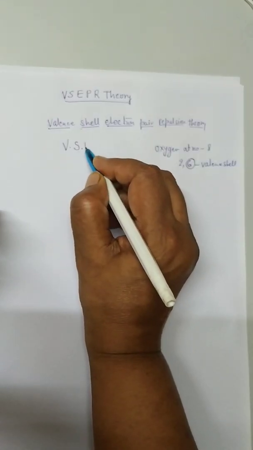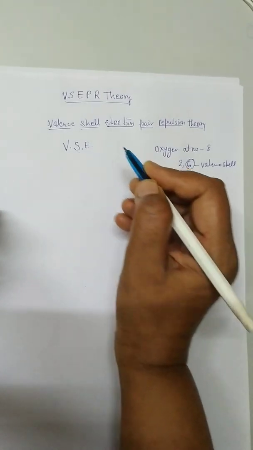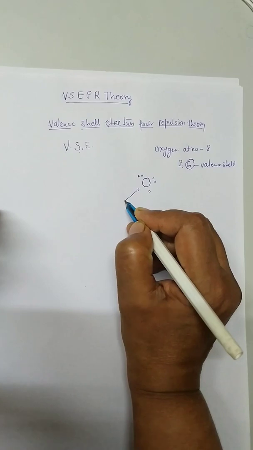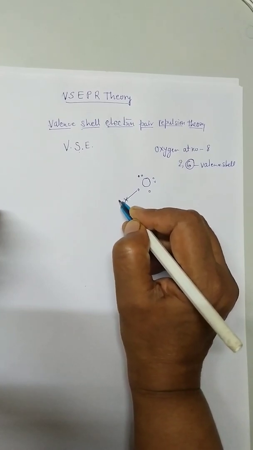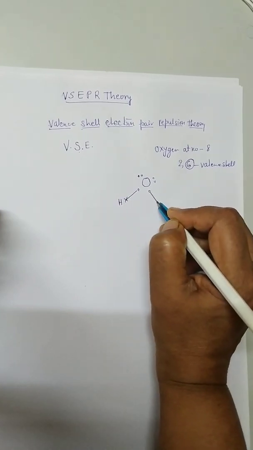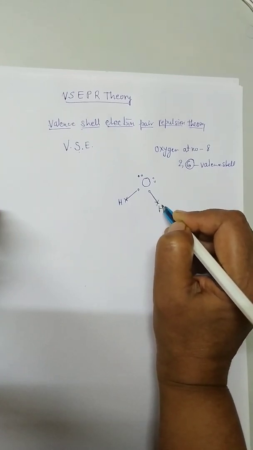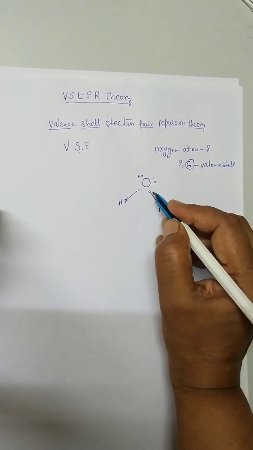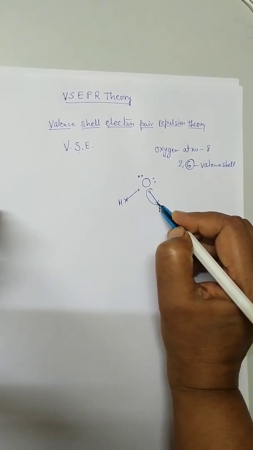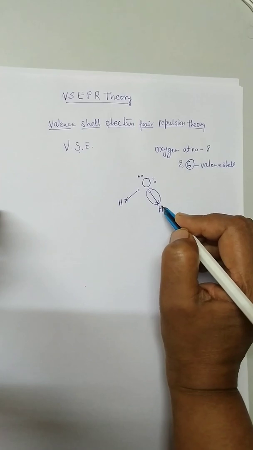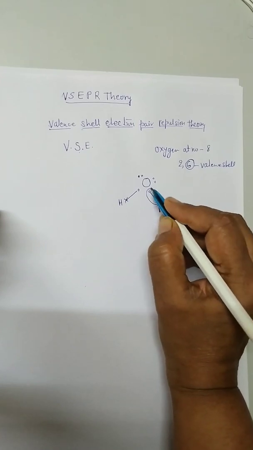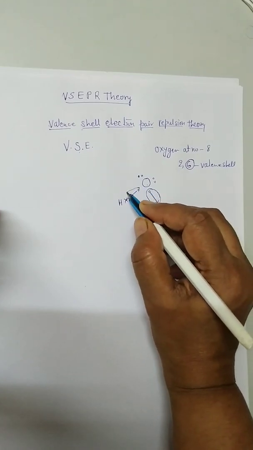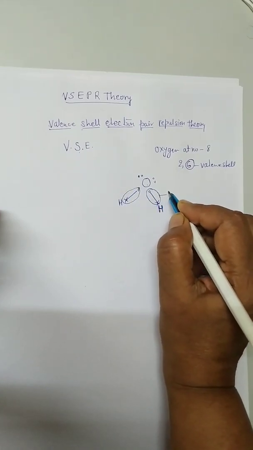Now E is for electron. Now this oxygen, if it starts forming bonds with 2 hydrogens to give the water molecule, these 2 electrons, which are under the influence of the 2 nuclei, hydrogen and oxygen, are known as the bond pair.